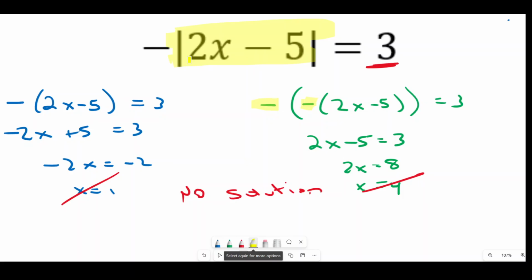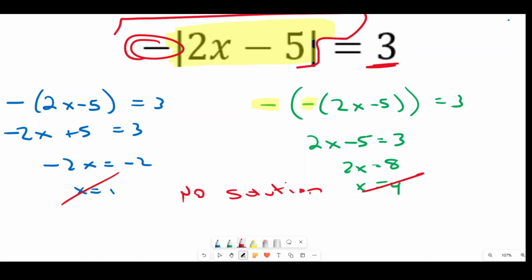So that will always give me a positive, which means this in front will always give me a negative. In other words, whatever x you give me, the left side of the equation will be negative. That's going to be negative, but it's supposed to equal positive, so there's no real solution.